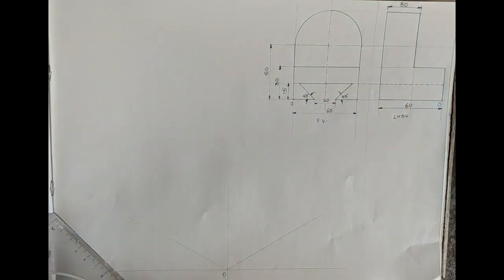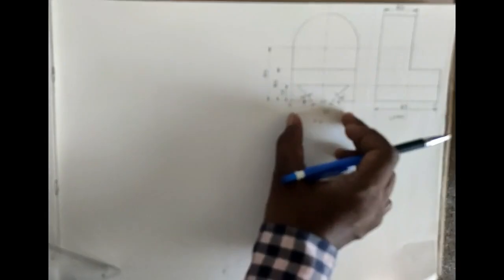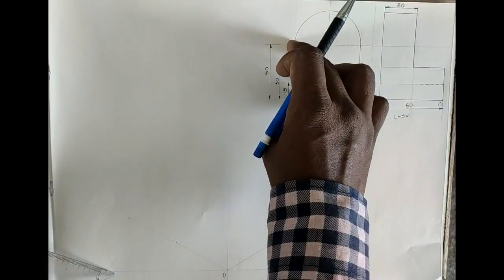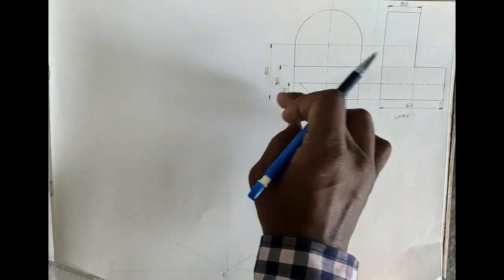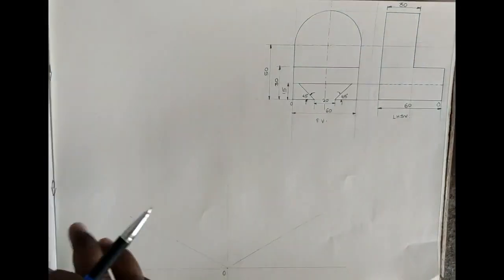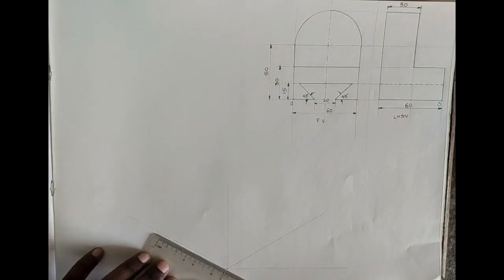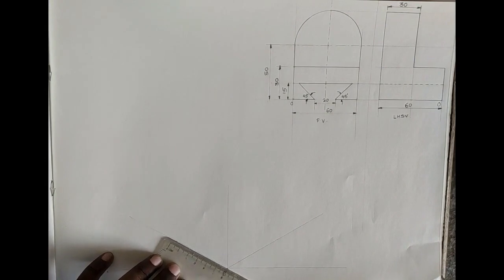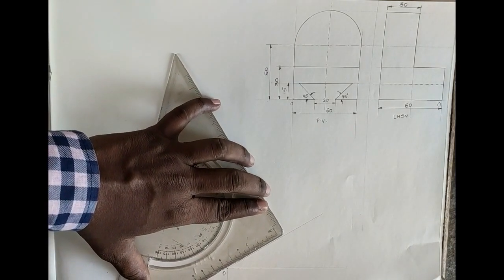Okay, and the front view is also showing the depth of the section is 60, width is also 60, height is 50, diameter is 60, so radius is 30. So here 50 plus 30, 80 is our height. Okay, the width and depth of the section are the same, that is 60. So here initially complete one square or one box with 60, 60 and 80 as the height.